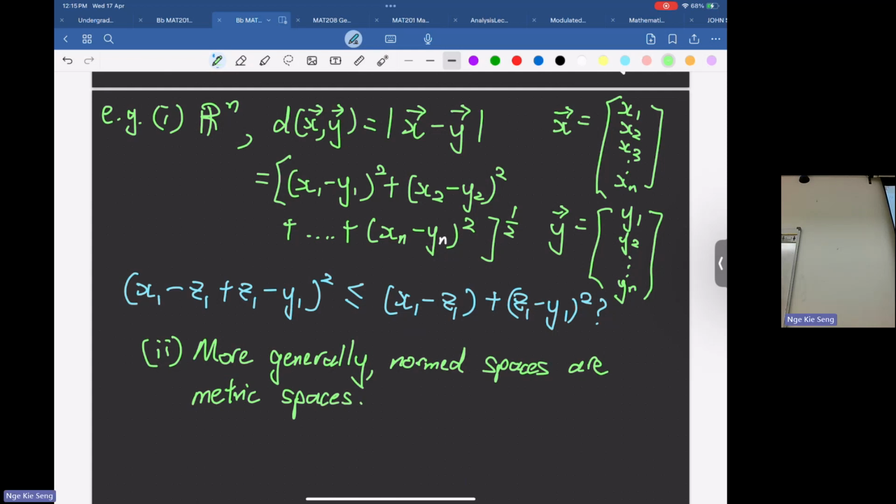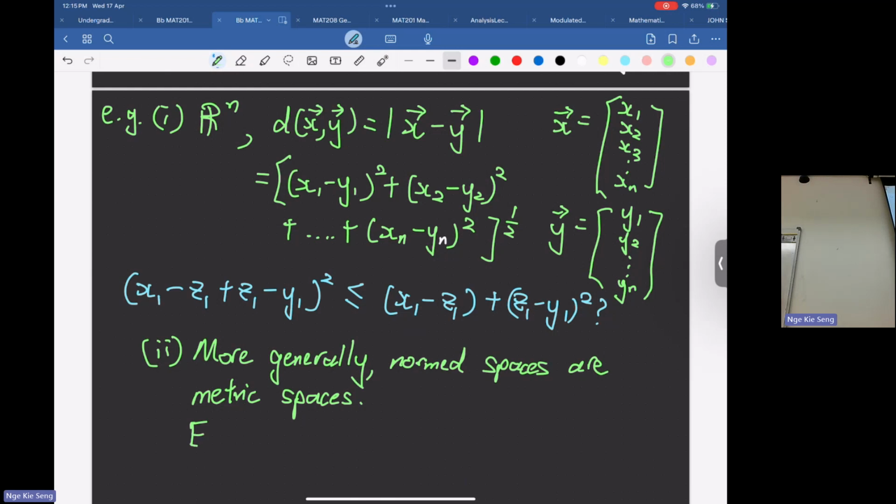Have you come across normed spaces? Any norm, abstract normed space. Inner product space is about inner products. Do you know which one you know, normed space or inner product space? Inner product space. Okay, then let's start from inner product space.